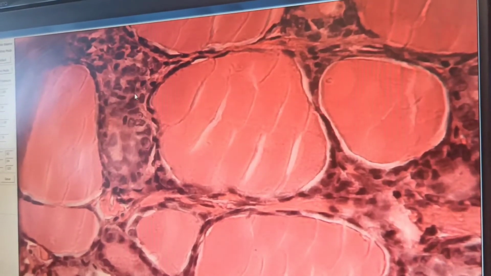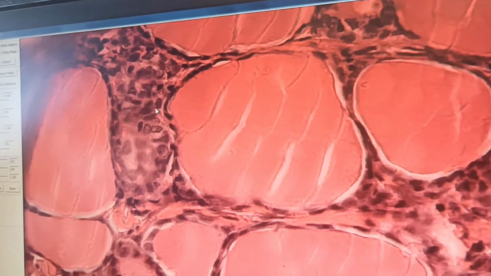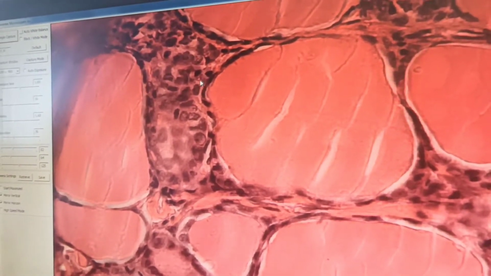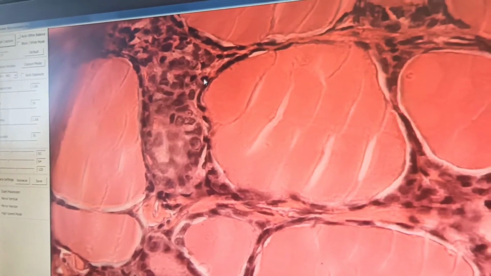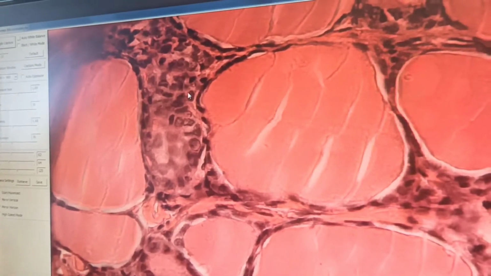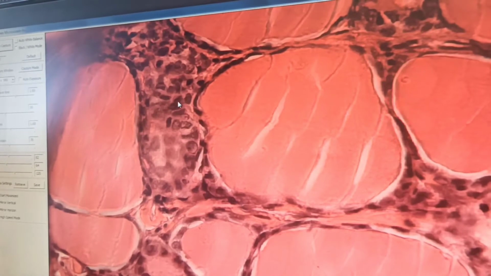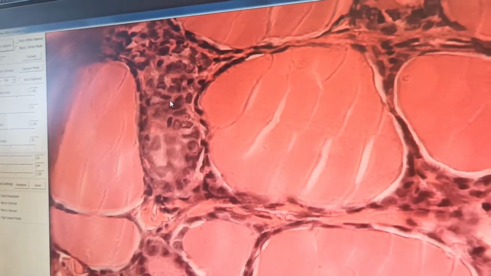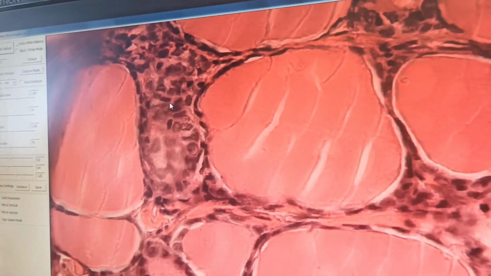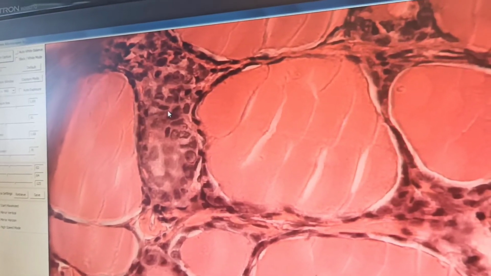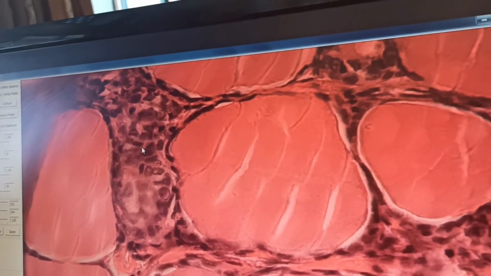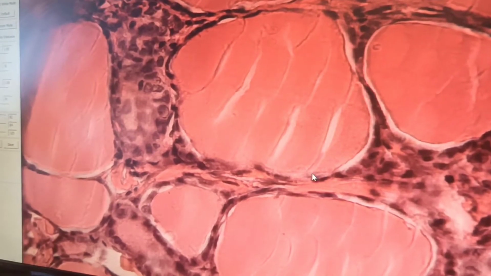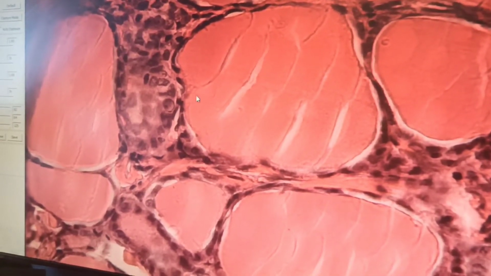The next important thing in this slide is that we see some cells here far away from the follicular cells, at a distance. These cells are called parafollicular cells. This is the section of a follicle.